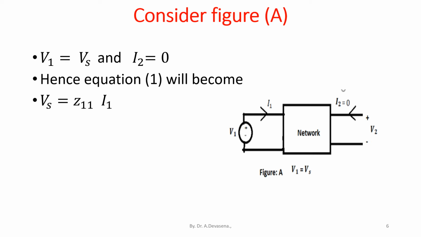Here we have substituted V1 as Vs and we have already considered the value of I2 as 0. Therefore, the Z12 I2 term will not be available here. Therefore, Vs by I1 is equal to Z11. Consider this as equation 3.